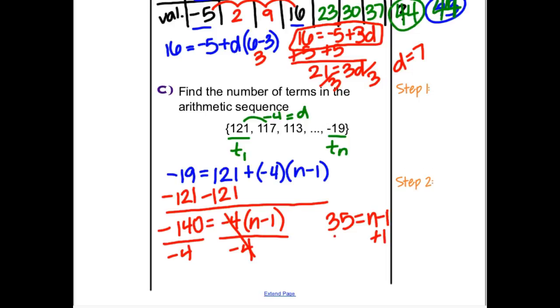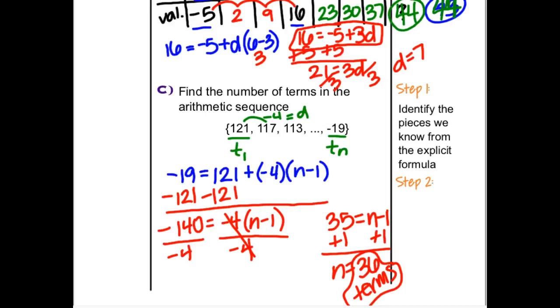Then we add 1 to both sides, and that tells me that n is 36, so there are 36 terms in this sequence. And if you wanted to go through and find all the terms from 121 down to -19, be my guest. So to summarize that, we identified the pieces we knew, and we substituted them into the explicit formula, and we solved for n.